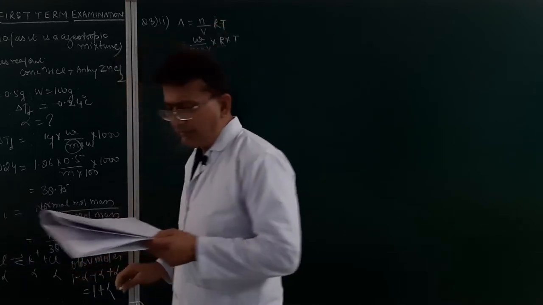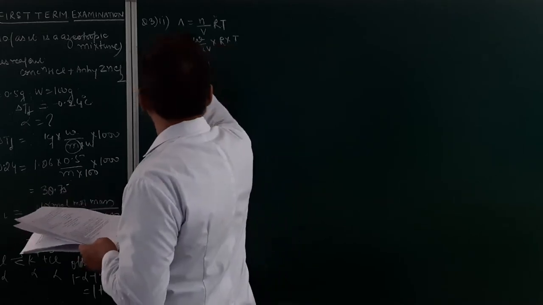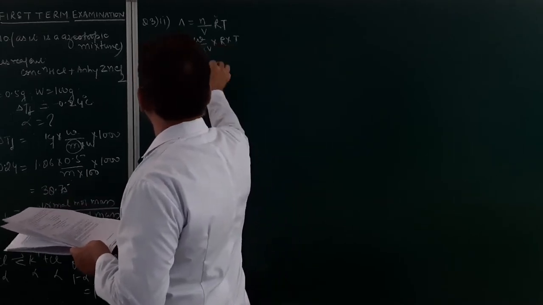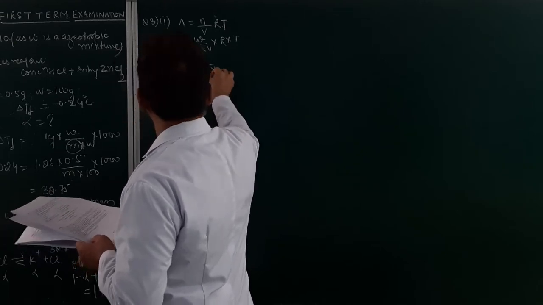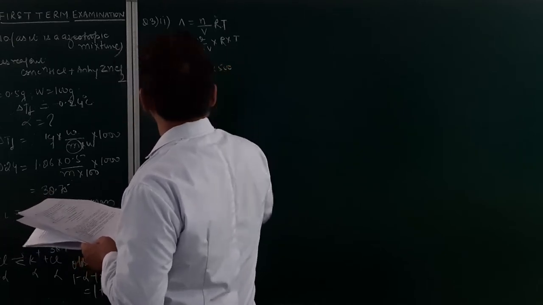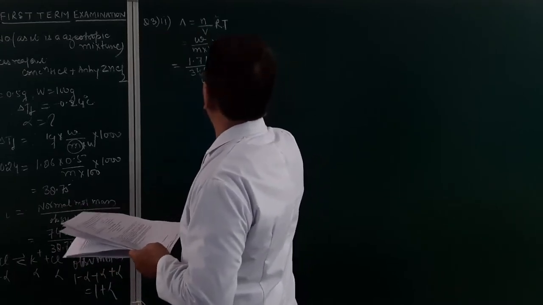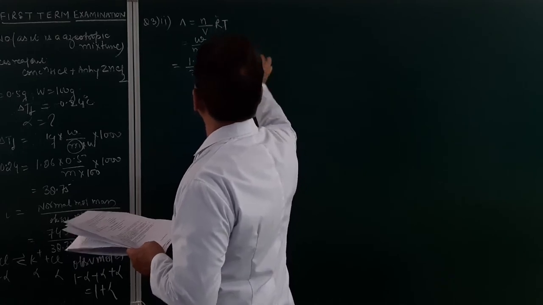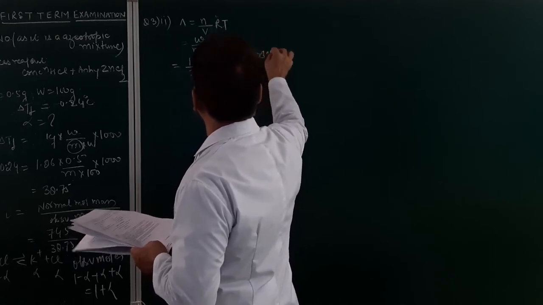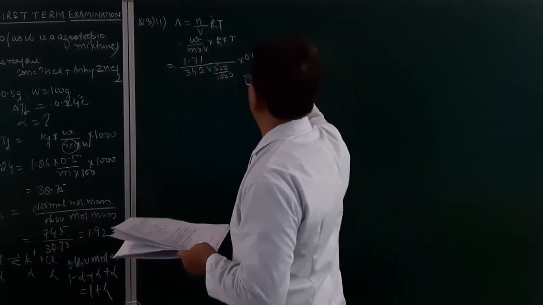What is the given value of W? It is 1.71. Molecular mass 342 in 500 ml, 500 ml divided by 1000, into 0.0821 in liter atmosphere per Kelvin per mole into 300 Kelvin.